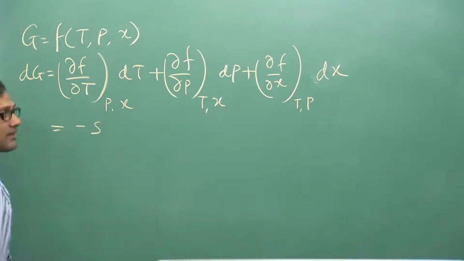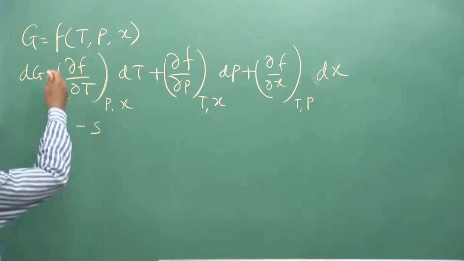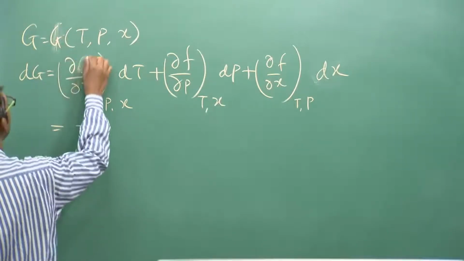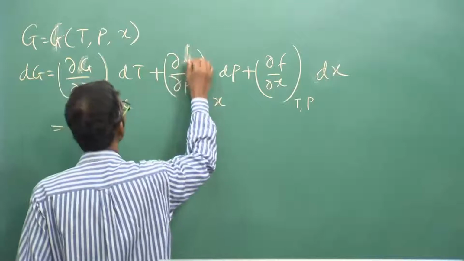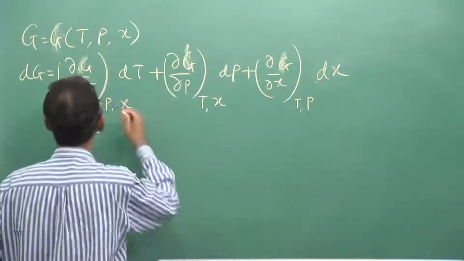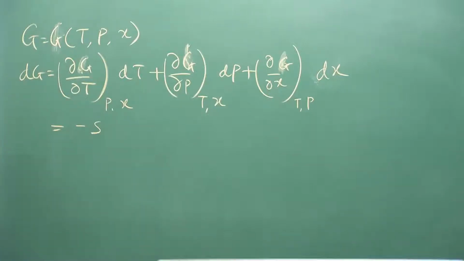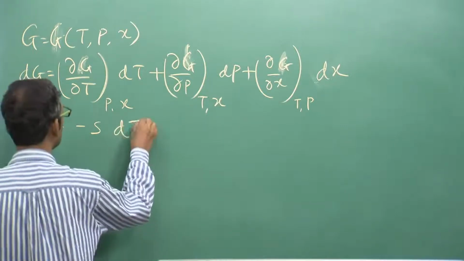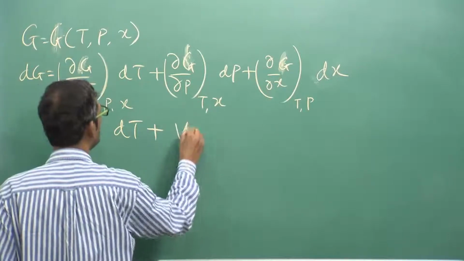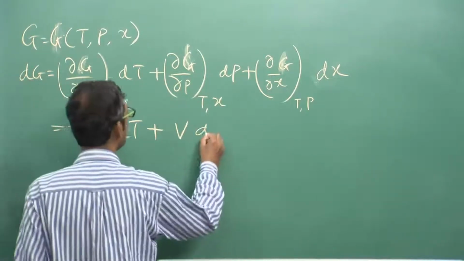It is better to write G, then it becomes easier to understand. So del G by del T at constant pressure, we know, is equal to minus S, plus this one is nothing but volume multiplied by dP.